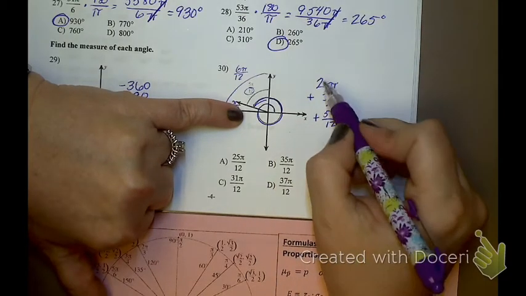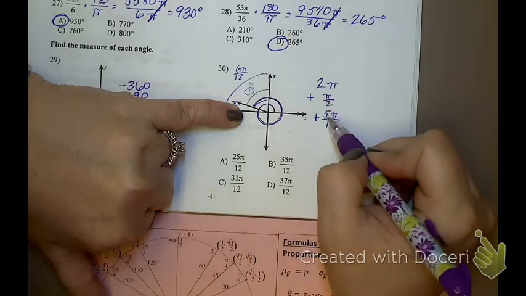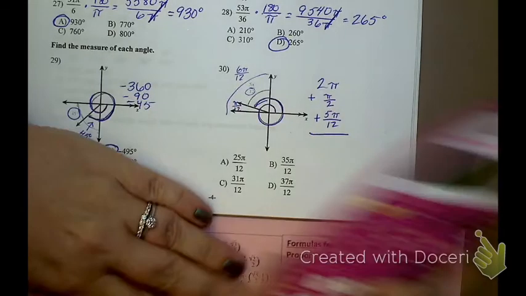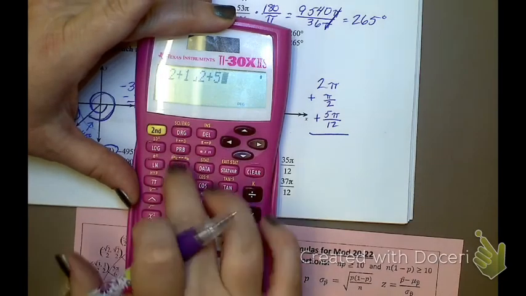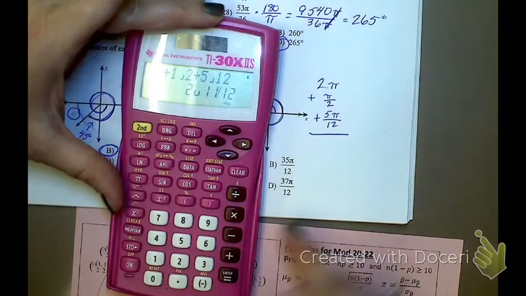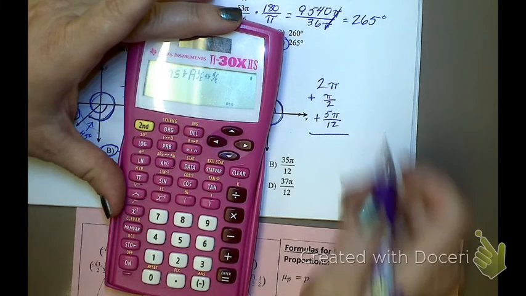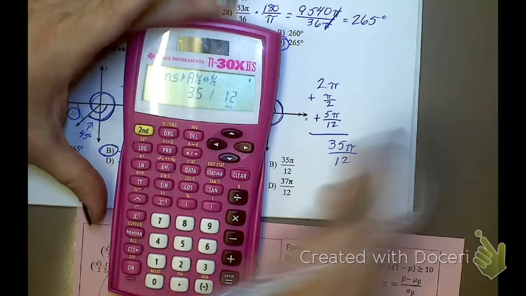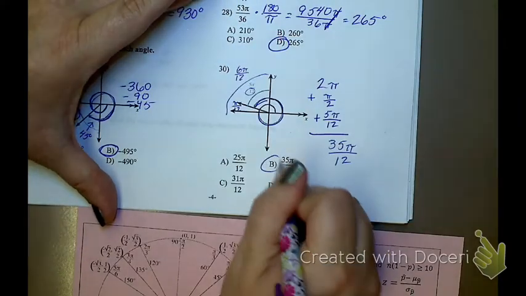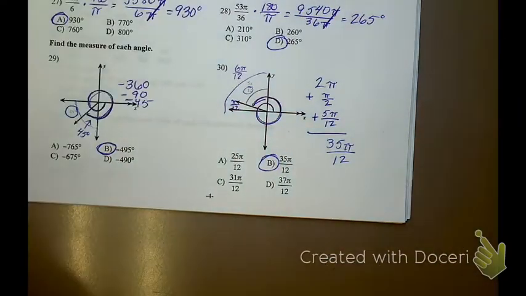So I need to add 2 plus 1/2 plus 5/12. That's a lot of common denominators I got to get. Gives me 35 pi over 12. Again, feel free to transfer that to degrees if that makes it easier for you.